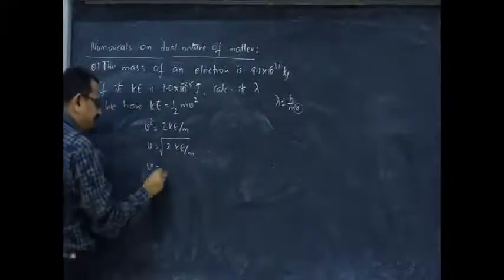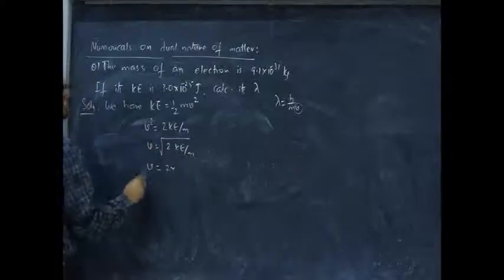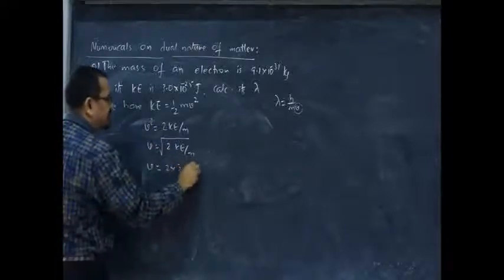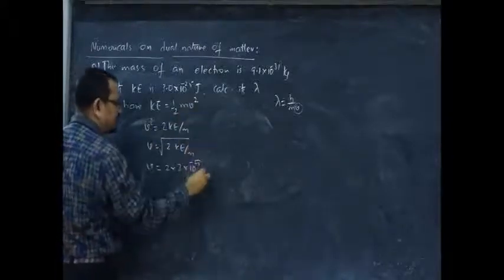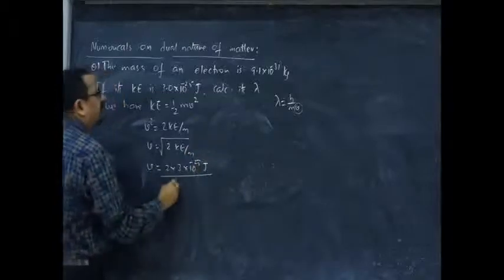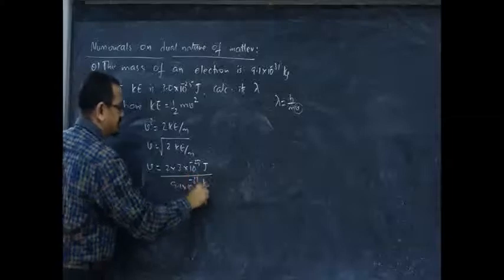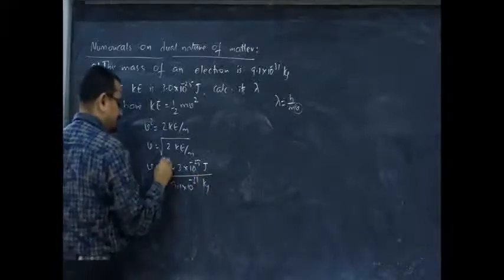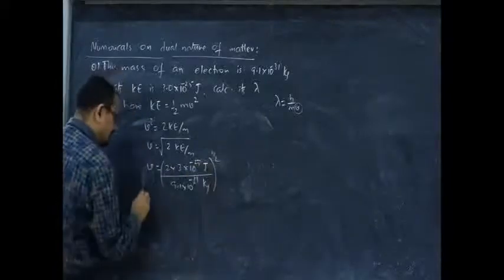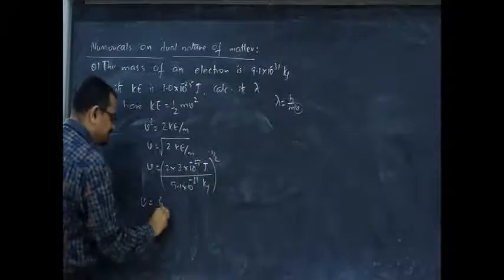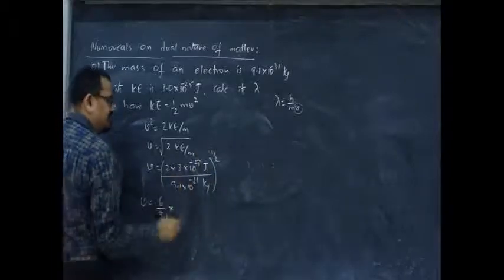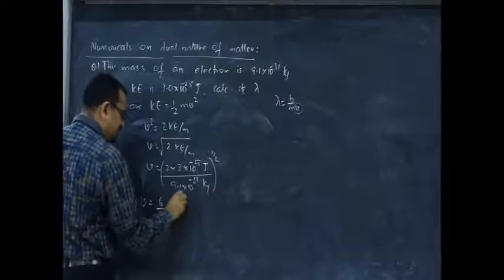On substitution, V equals 2 into kinetic energy, which is 3 into 10 power minus 25 joule, over the mass of an electron, 9.1 into 10 power minus 31 kg, whole power half. So, V equals 6 by 9.1 into 25, on cancellation gives 6, 10 power 6.